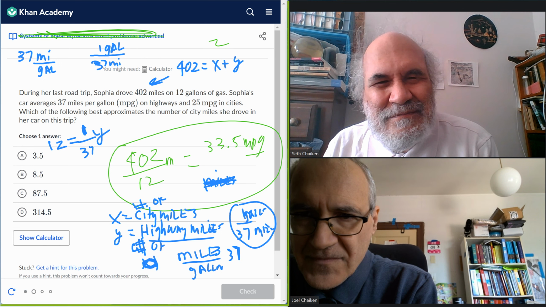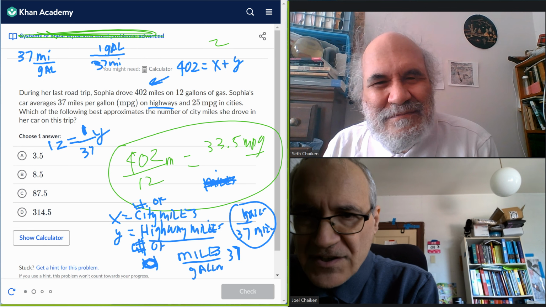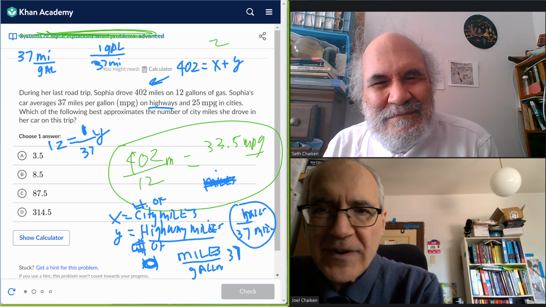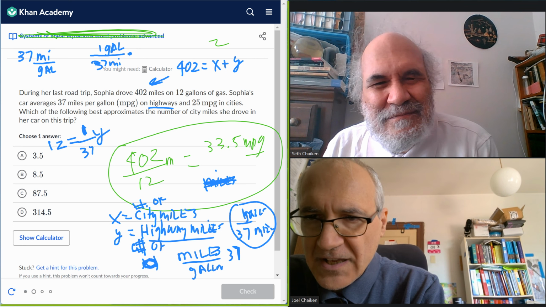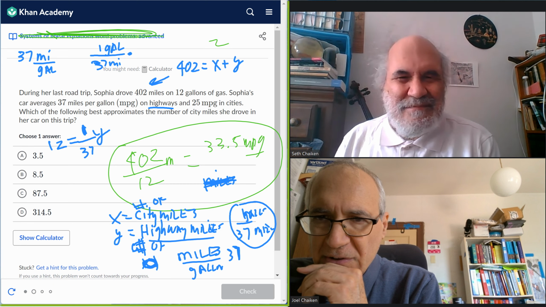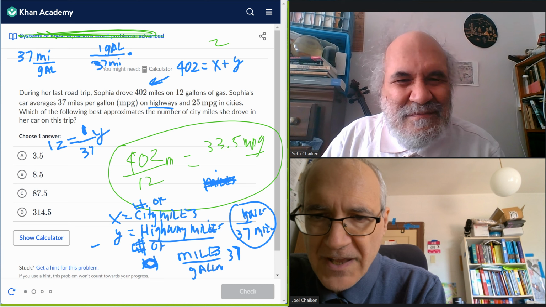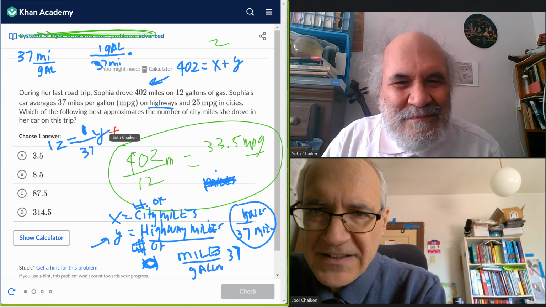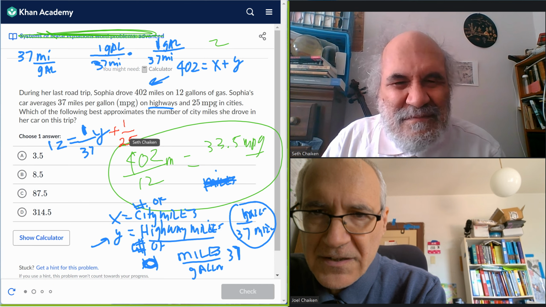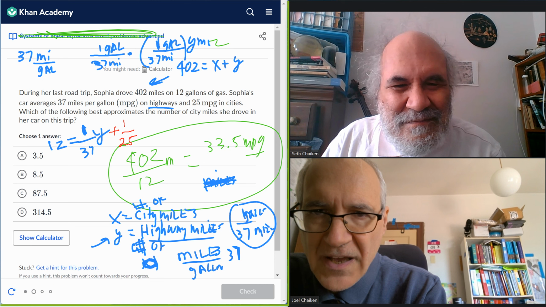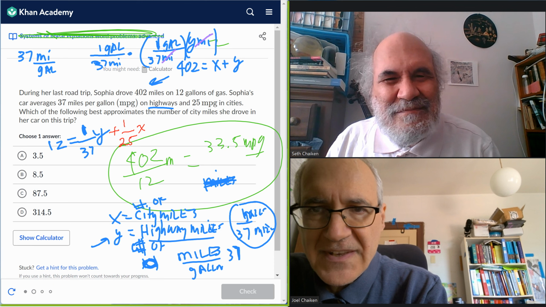If you want to know how many gallons you use on the highway, you multiply by the number of miles on the highway, which is y. Using unit analysis, 1 gallon per 37 miles times y miles gives you gallons.